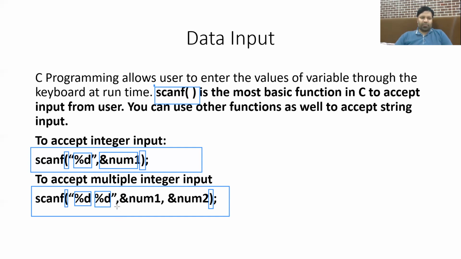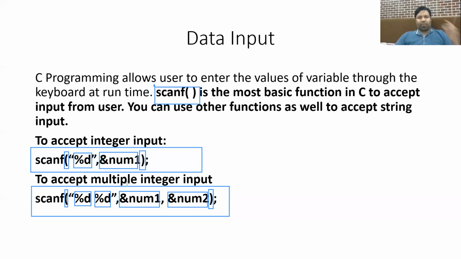The double quotes are followed by a comma, and then &num1, &num2 indicate that we are going to accept the values of two integer variables, and their names are num1 and num2. I hope this is clear. This is how we can accept the value from the user using the scanf function. But this is only for integer values.